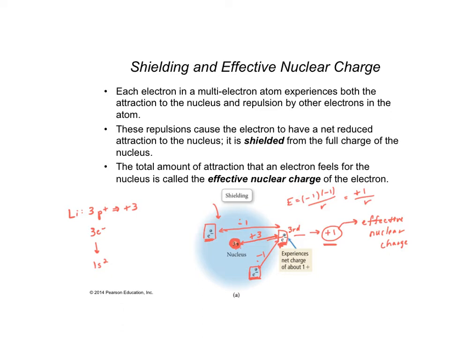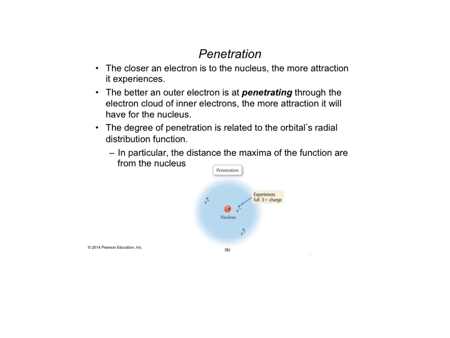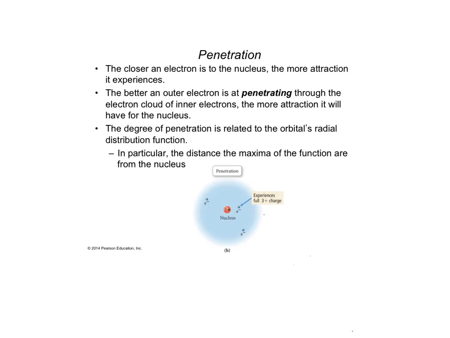So there's one other little concept that we have to consider, and that is something called penetration, okay? Again, that third electron hanging out here only felt an effective nuclear charge of +1 towards the nucleus because of the presence of these guys.